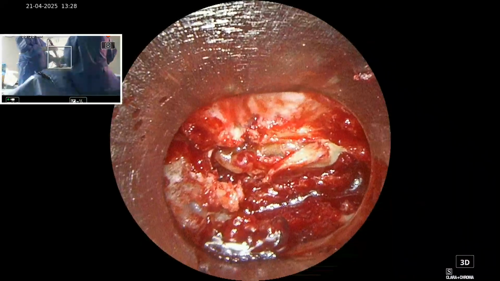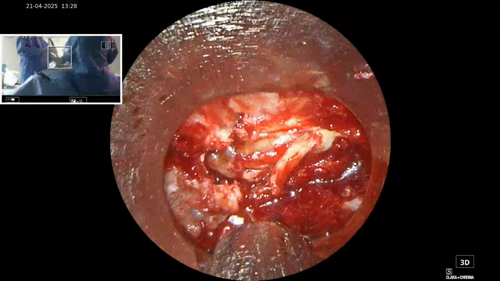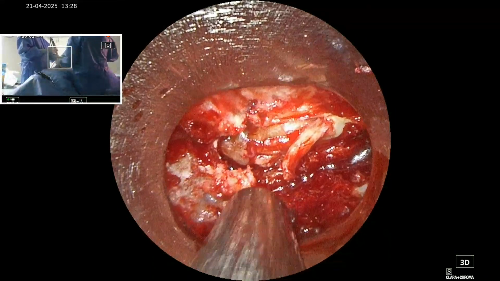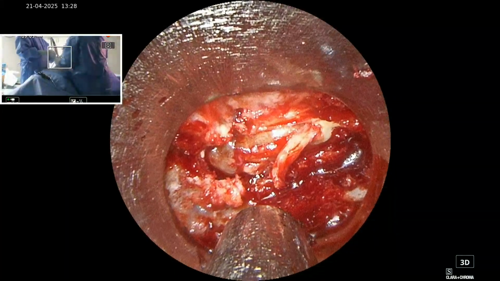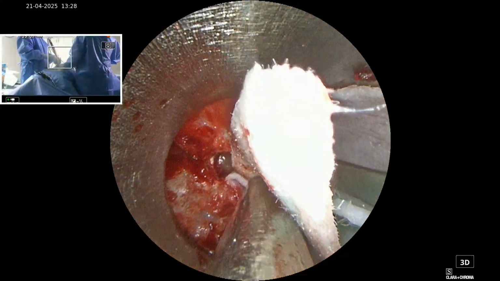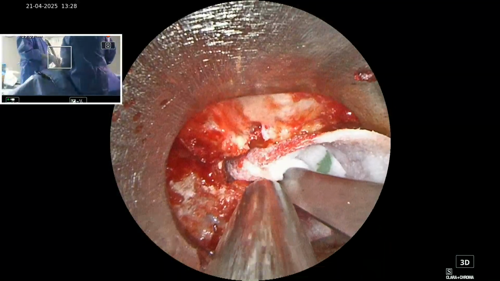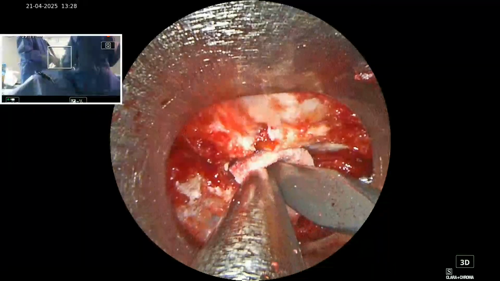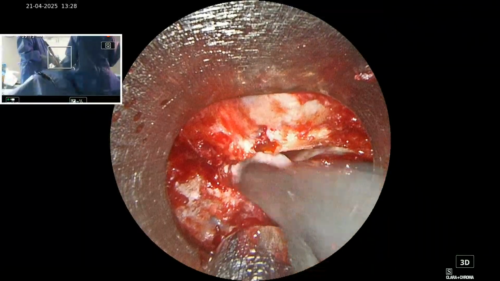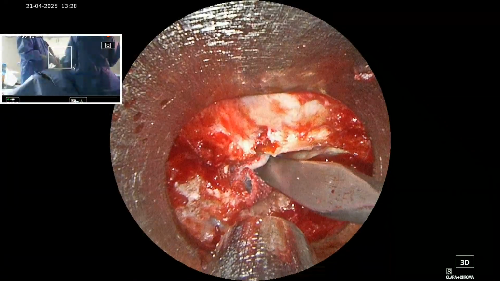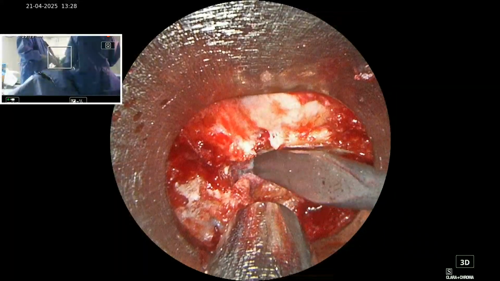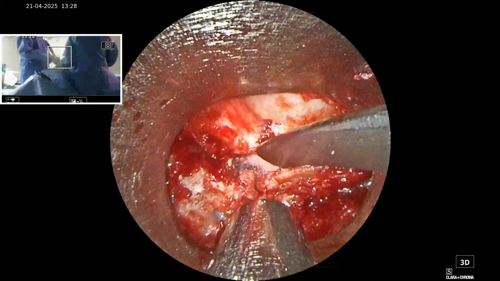Yes, patty. Now go to the level, and to protect the dura, we'll put our patty. So there we are on the safe side, 45.